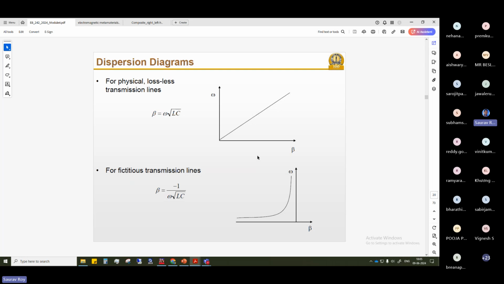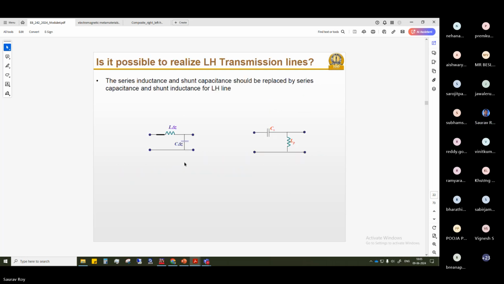Okay. So now we'll see what happens from here. What is the way to implement this? Before coming to this, let's see what the uses of it are.